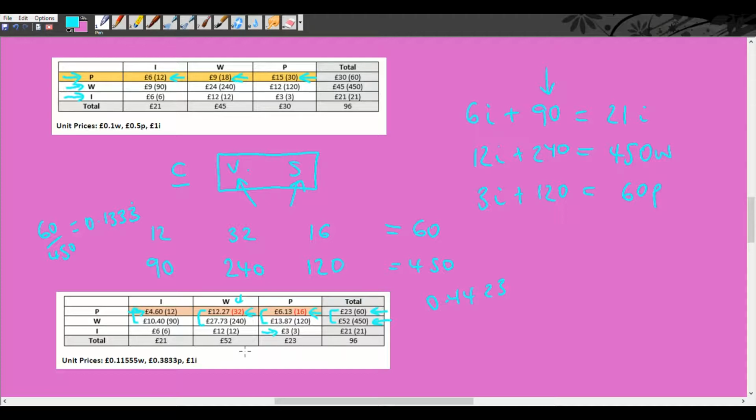The other possibility is that you take the sum of the direct labor in the day. So that would again be this 90, 240 and 120, and you make the entire total in proportion to that, so the prices would be directly in proportion to the direct labor embodied in it.